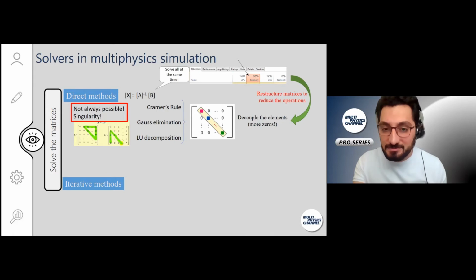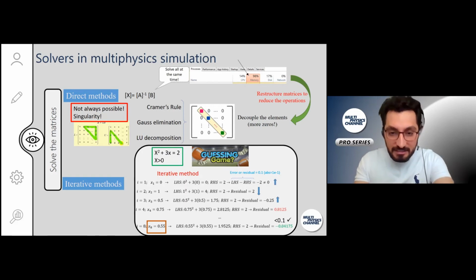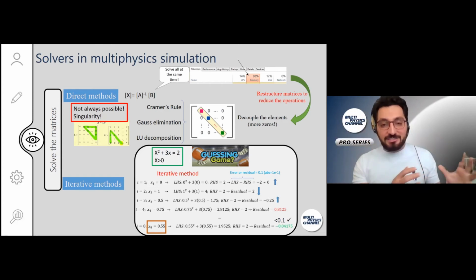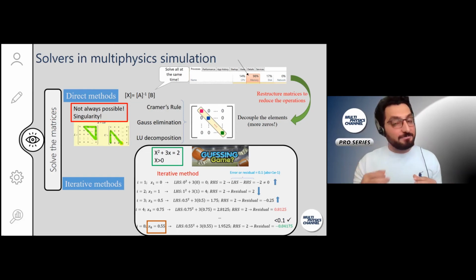Let me give you an example here. If you look at the second and the third guess, the residual in the second guess is 2, and in the third it is 0.25. So it means that my actual value is closer to 0.5 than 1. If I was smart, my next guess would be something close to 0.5. That's a more efficient way, and I can get convergence faster.